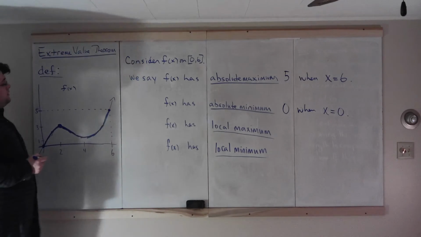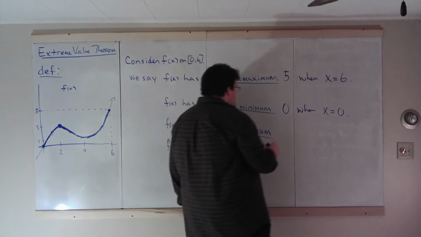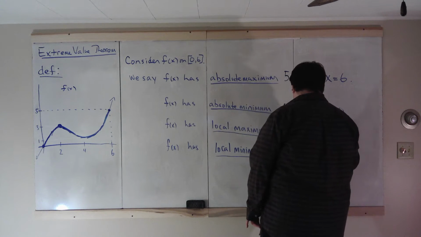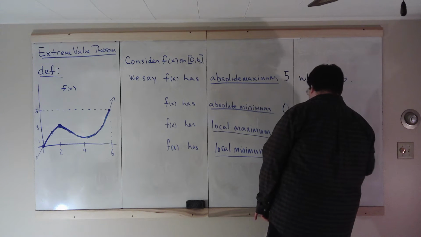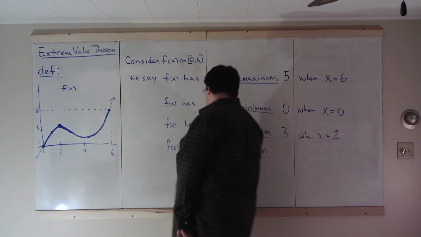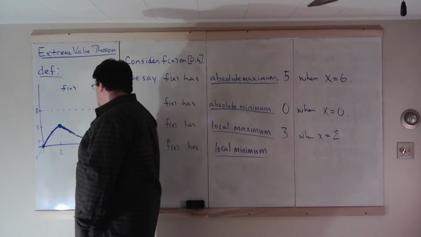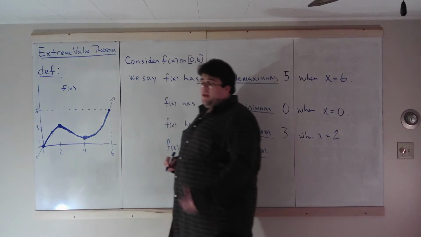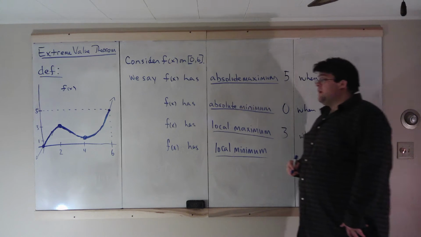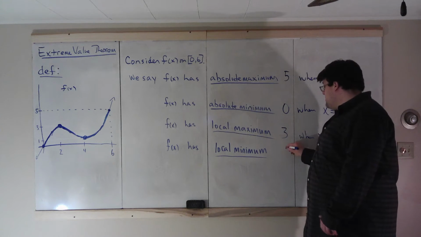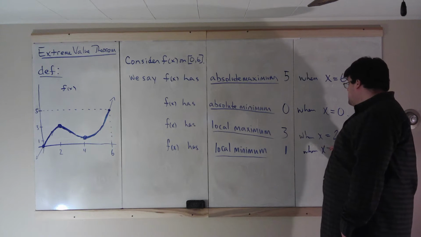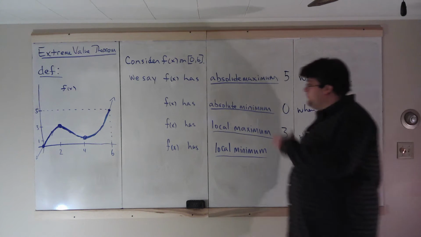The y value at the top of that is 3, and that occurs when x equals 2. Similarly, a local minimum is going to be the bottom of a mound, like that. The point down there at (4, 1), and that local minimum will be 1 when x equals 4.